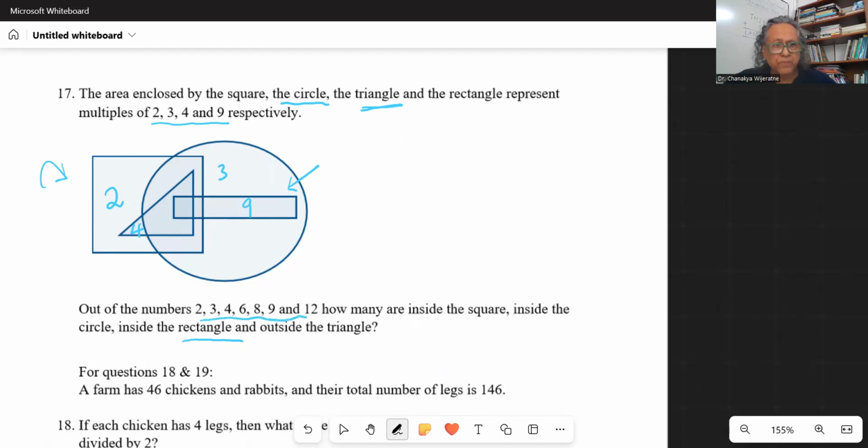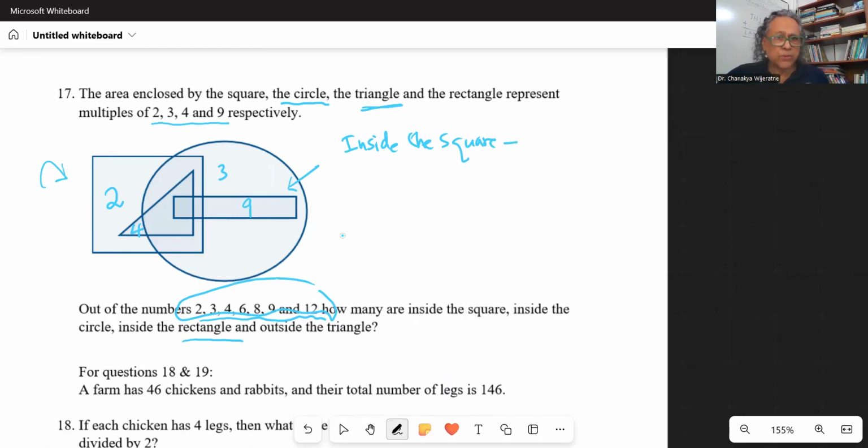So let's see now. Let's look at all the numbers out of these inside the square, right? Inside the square, what are the numbers?